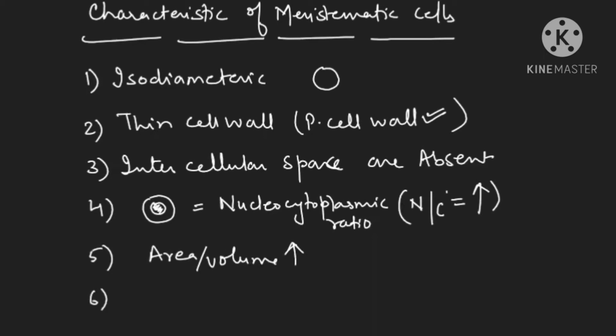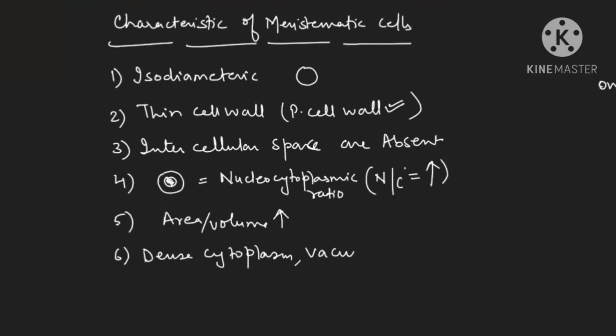Inside the cell, we will find they have dense cytoplasm, and dense cytoplasm means the vacuole is absent. Then they don't have plastids. Plastid means chloroplast, the one responsible for photosynthesis.